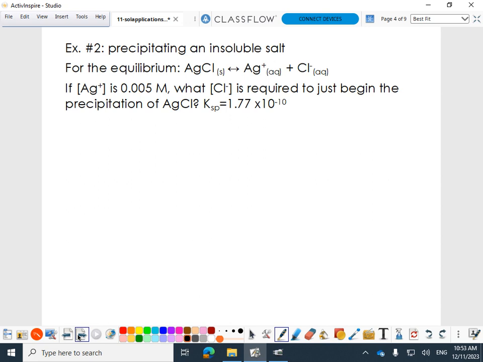We are going to calculate the chloride ions, and the KSP value is 1.77 times 10 to the negative 10. The math part of this is very simple, except that your calculator probably can't deal with this number as a standard form. You'll have to use scientific notation, and then you just have to divide, like solve for the x, which is going to be the chloride ions, and write an answer statement.